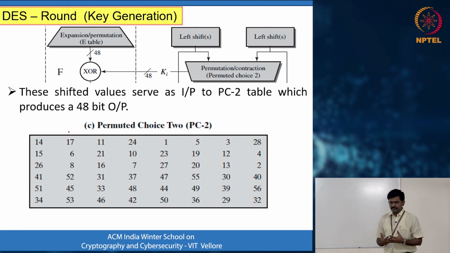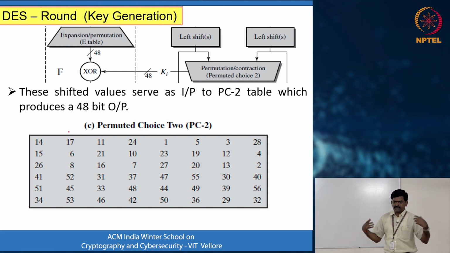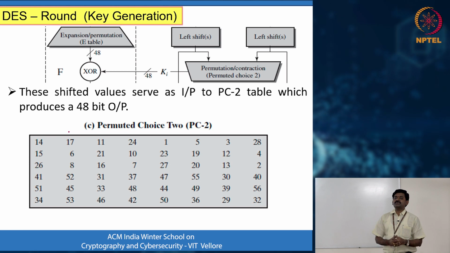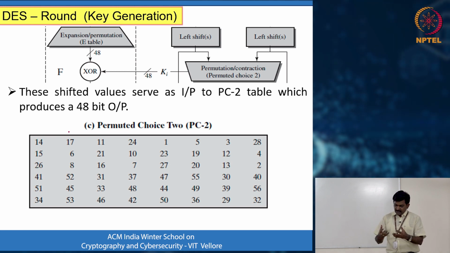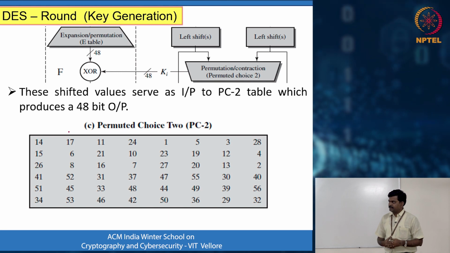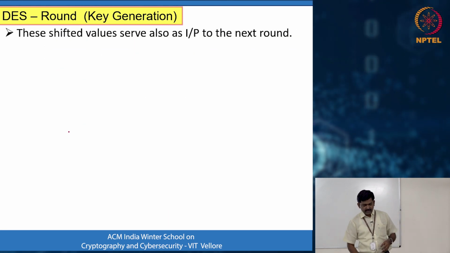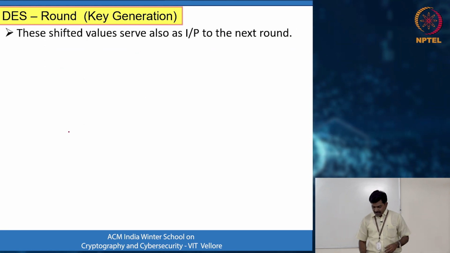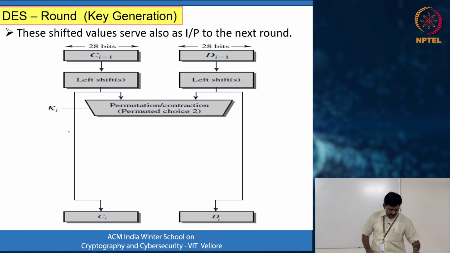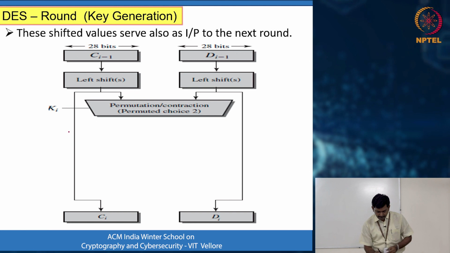You have 56, 2 halves. Each half you have done the shift operations. Now you are making PC2, which is bringing 48 from it. This brings that 48 which goes to the round as the round key.